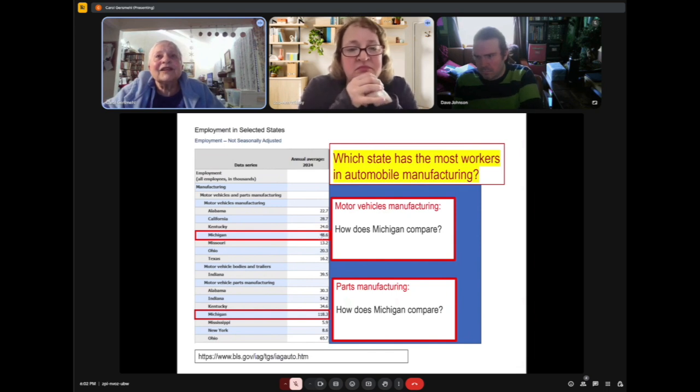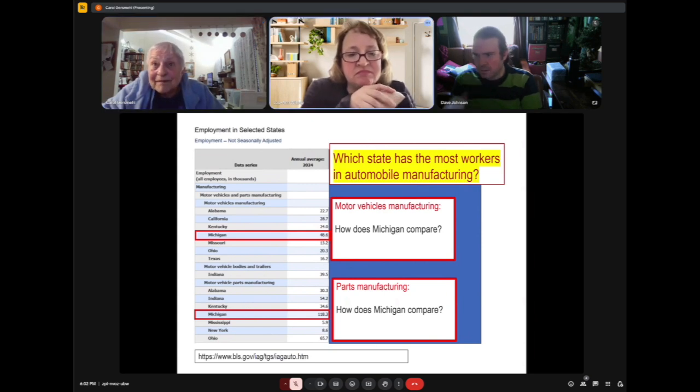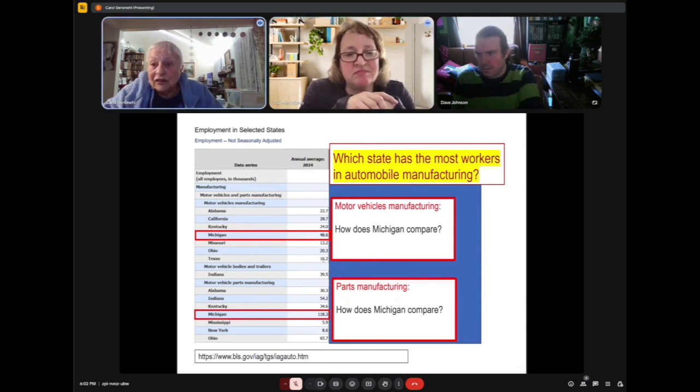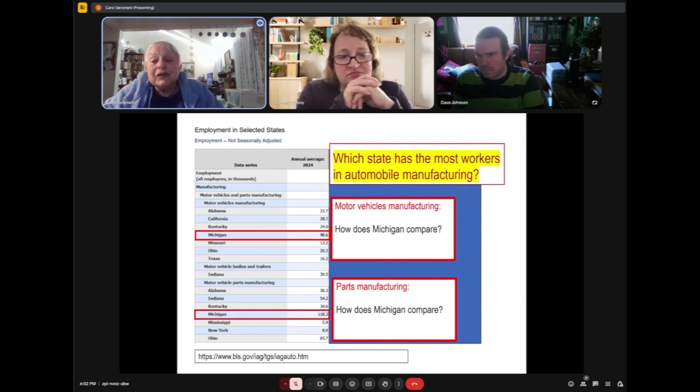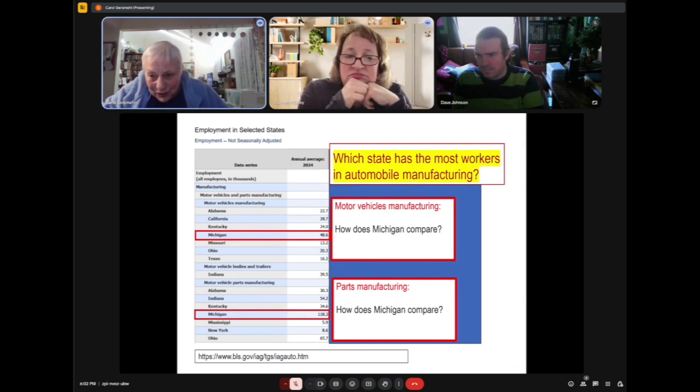And this is in thousands. So notice the 48,000 workers in Michigan. That is higher than any other state in the United States. Those big 3 companies being in Michigan is really important in our history.